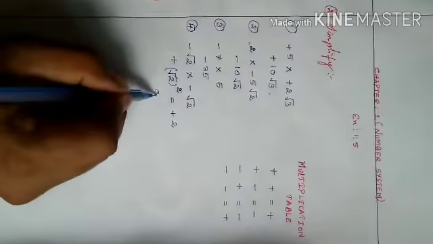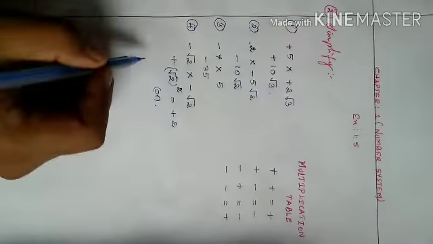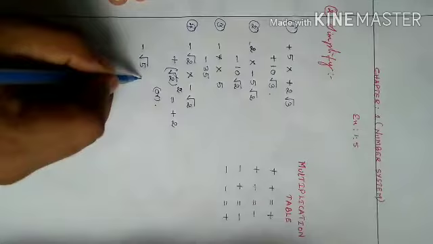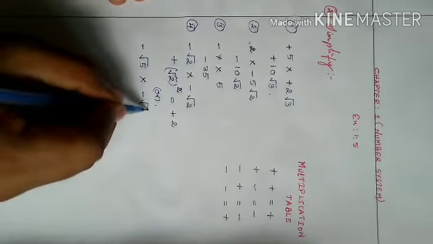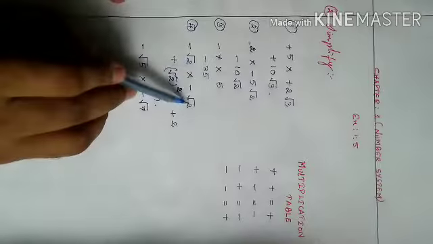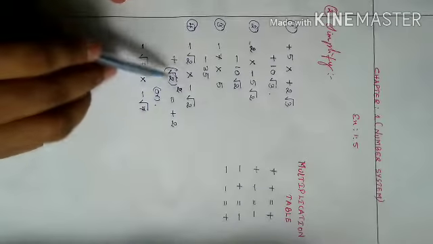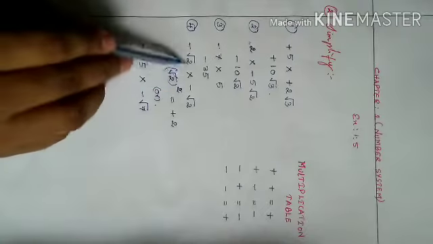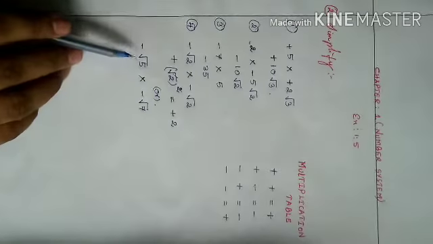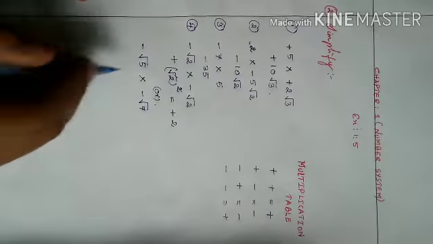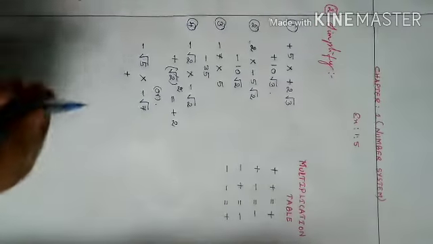Or else sometimes it will come like this. Suppose minus root 5 into minus root 7. Here the two numbers are not the same. That is why, before, we wrote root 2 whole square, which means 2 times root 2 are here. Here first we have to look at the sign: minus into minus, plus.